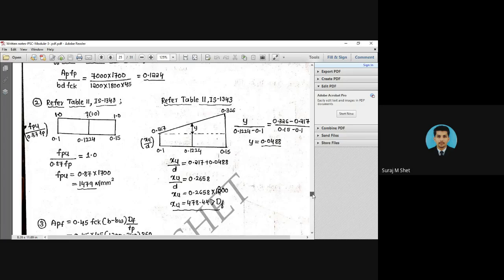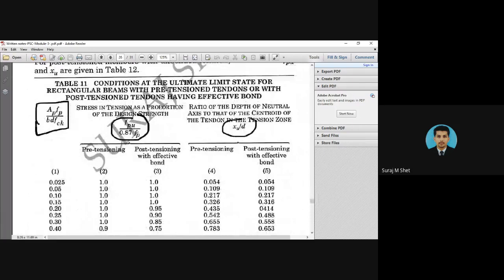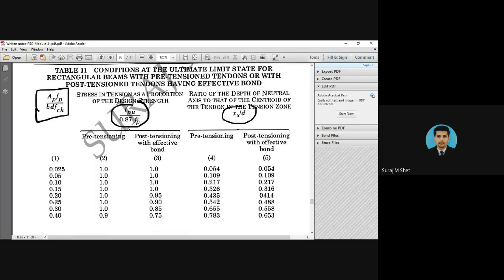See here, table number 11, values for 0.1 and 0.15. The values lie between 217 and 326. Got it?